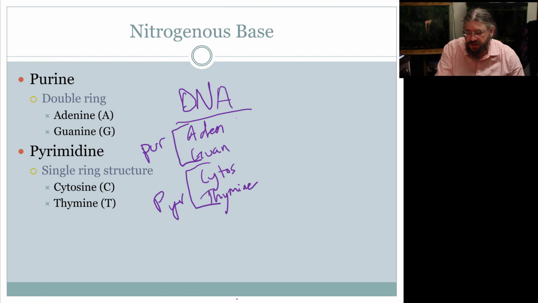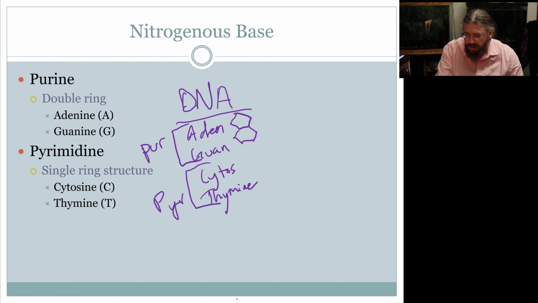And the purines being a double ring, whereas the pyrimidines are a single ring.